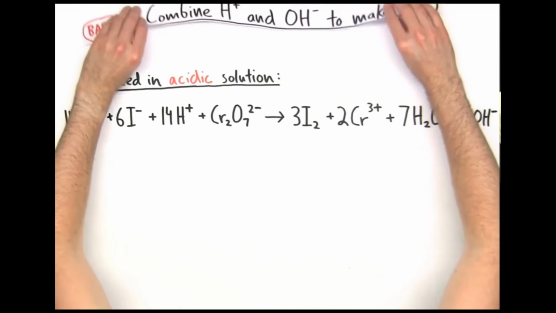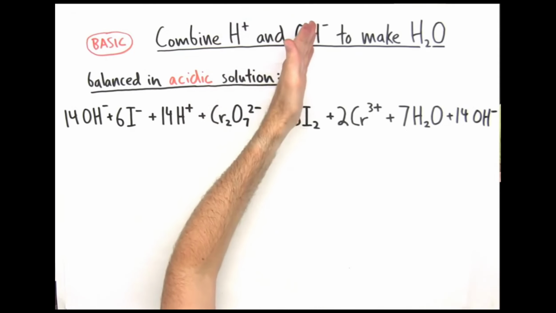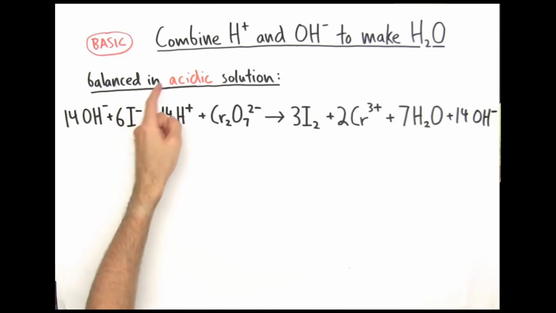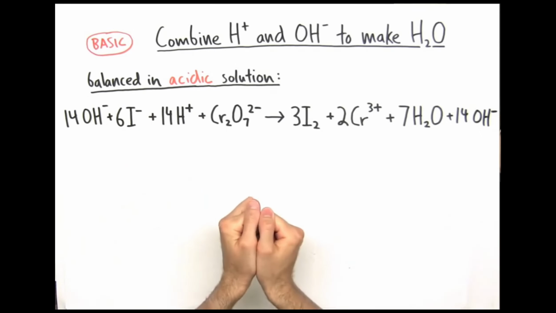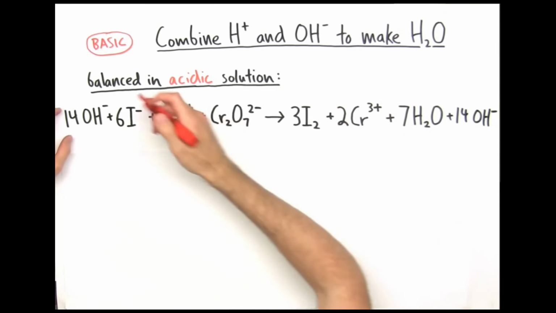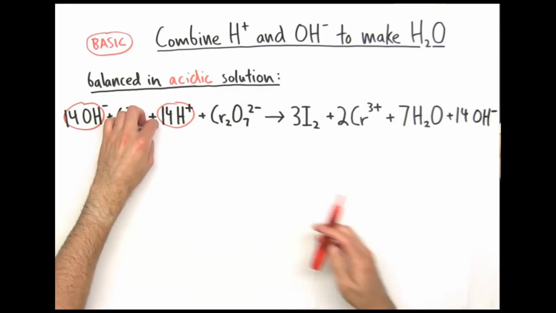Okay, next step here. Combine H+ and OH- to make H2O. Okay, so this is how we get rid of these H+. H+ and OH- come together to make H2O, water. So I have these 14 OH- here. I have 14 H+ here.